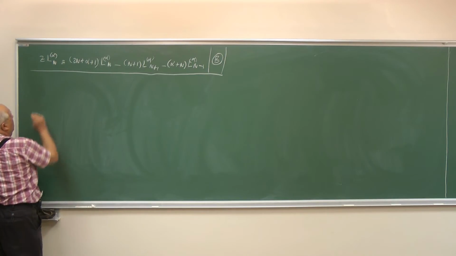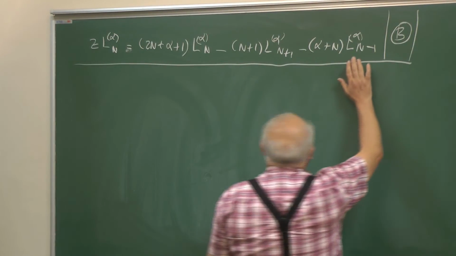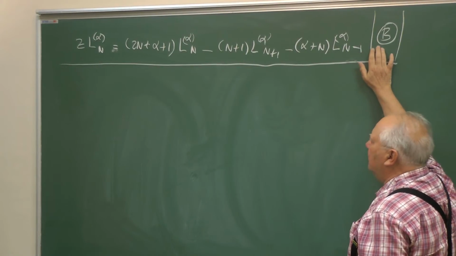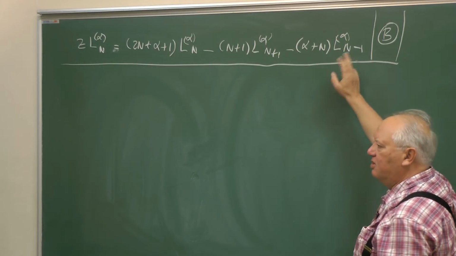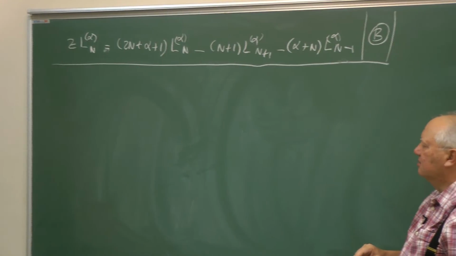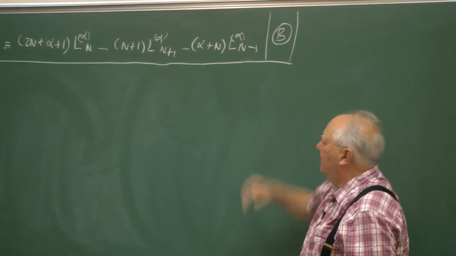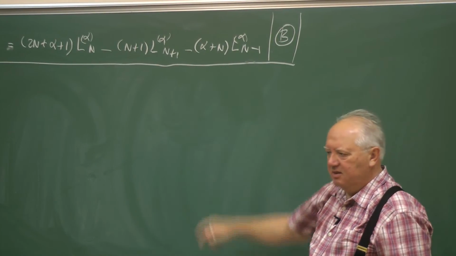By the way, this is the recurrence relation that we found in the first part of the lecture. Remember, that was derived from taking the derivative of the generating function with respect to u, and it gave this relation.